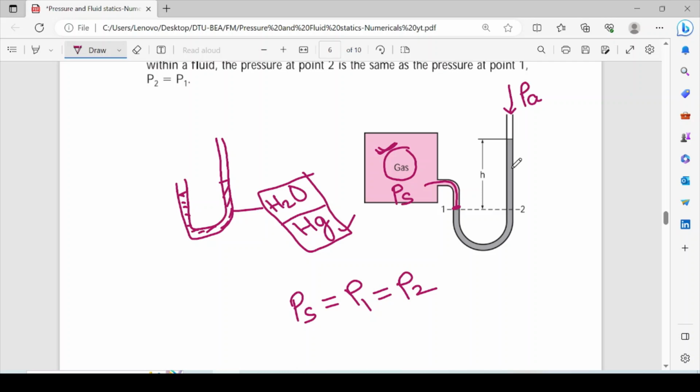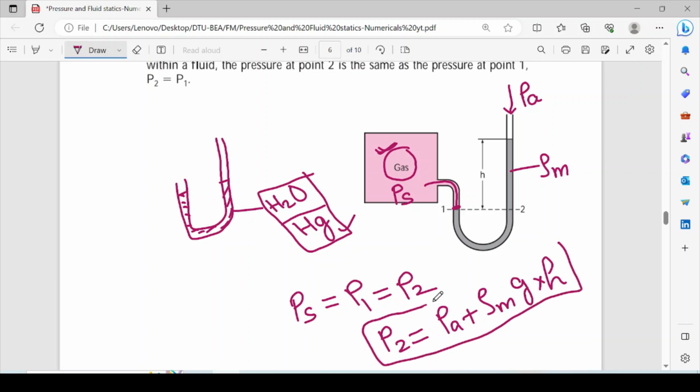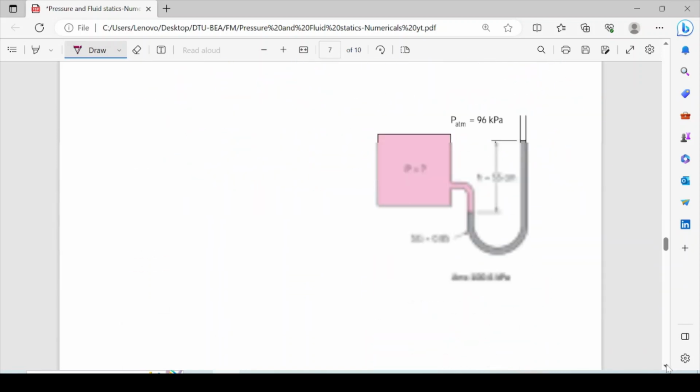So let's suppose that this fluid is mercury, so we can write the equation P2 is equal to P atmosphere plus rho g h, where rho is the density of mercury, g is gravity, and h is the height. Using this equation we can solve another numerical related to this topic.